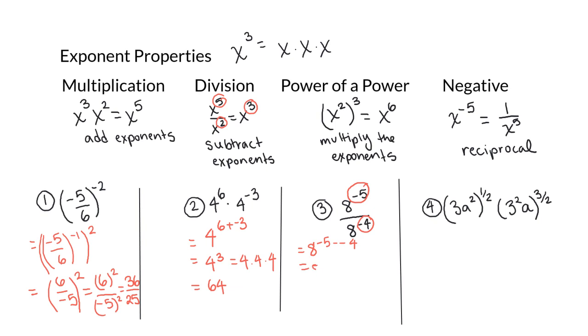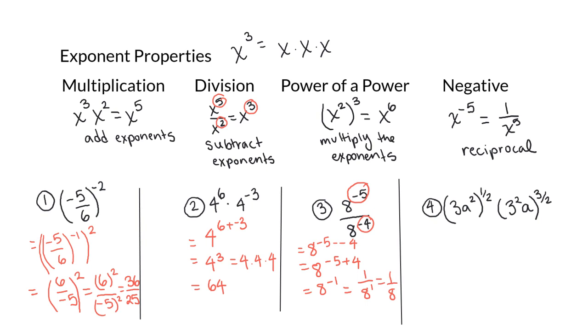Which is really 8 to the negative 5 plus 4, which is 8 to the negative 1. Now we have a negative exponent, so we'll use the negative rule and take the reciprocal of 8. So that would be 1 over 8 to the first power, which is just 1 over 8.